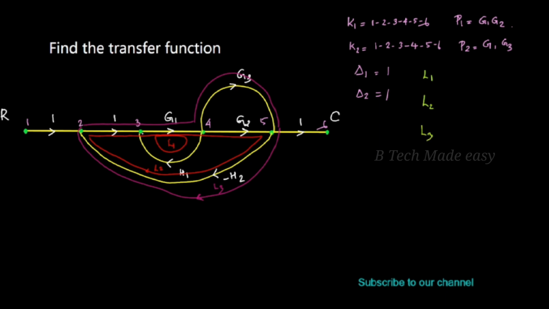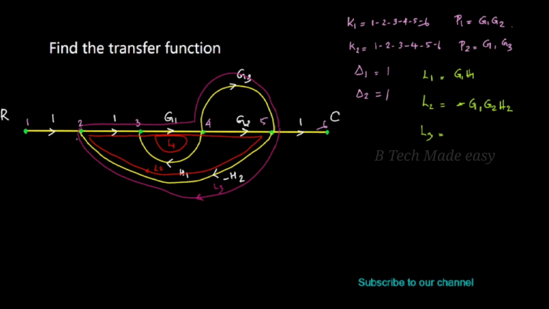What is L1? It is the loop between node 3 and 4. Is there a minus? No, there is no minus there. So G1 into H1; there is no minus in the H1. So L1 is equal to G1 H1, and L2 is the loop 1 into G1 into G2 into minus H2, that means minus G1 G2 H2.